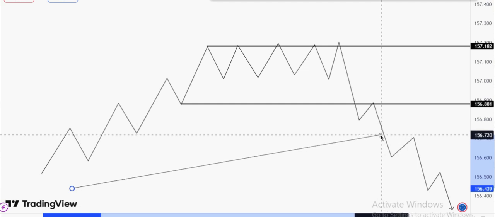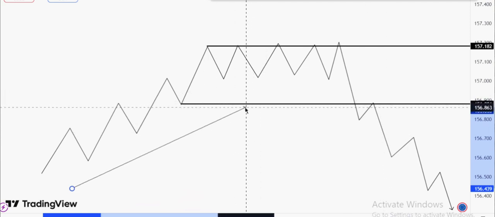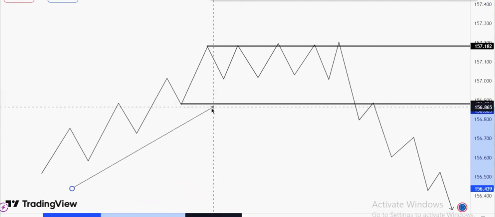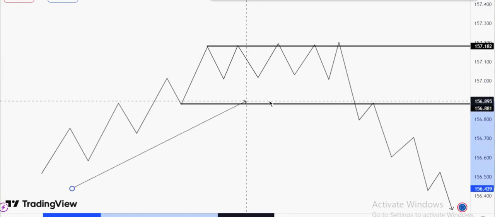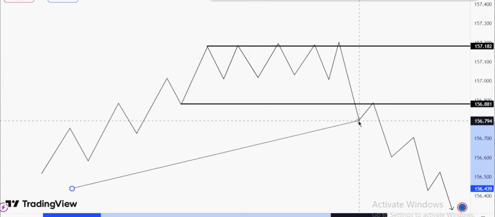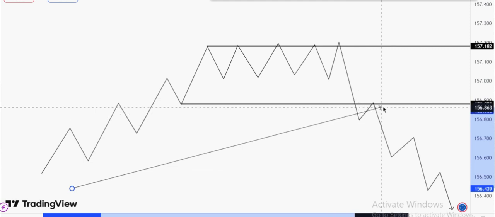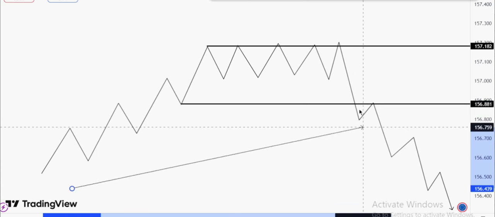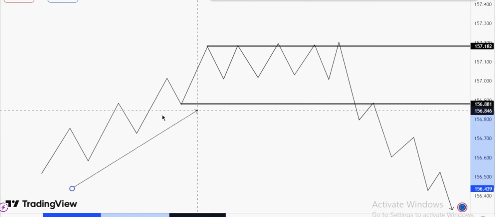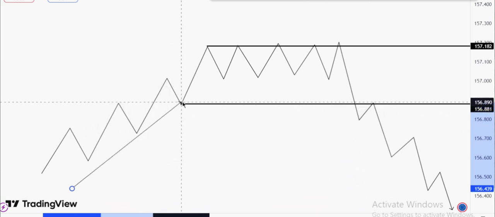So as long as this last major higher low isn't broken, markets are still in a bullish phase. But as soon as it's broken, we should start considering that maybe markets are changing character, and that the trend will change. So as long as markets are respecting this higher low here, it's still bullish.